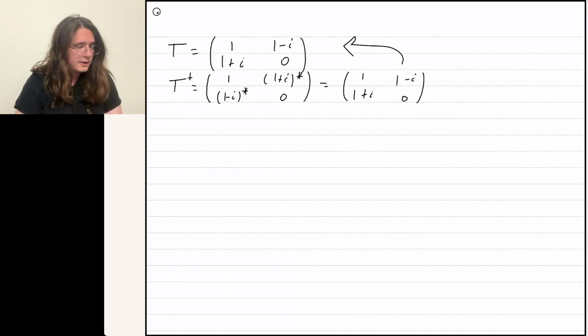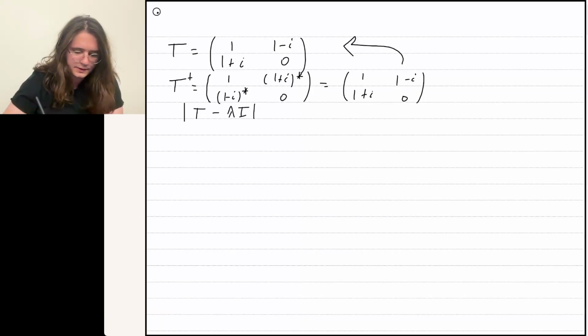Next bit is to find the eigenvalues, and note that they are in fact real. The process for finding eigenvalues will start by taking the determinant of T minus lambda times the identity matrix I. That's the 2D identity matrix here, and setting the determinant equal to 0. So we're going to be finding the determinant of 1 minus lambda, 1 plus i, 1 minus i, minus lambda, and setting that equal to 0.